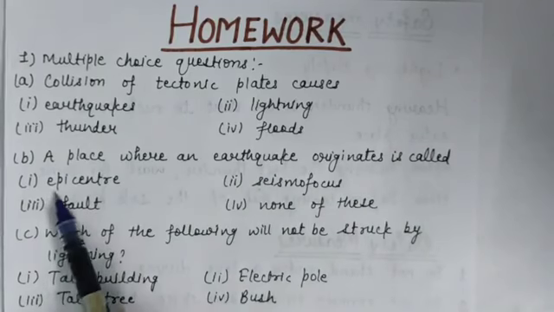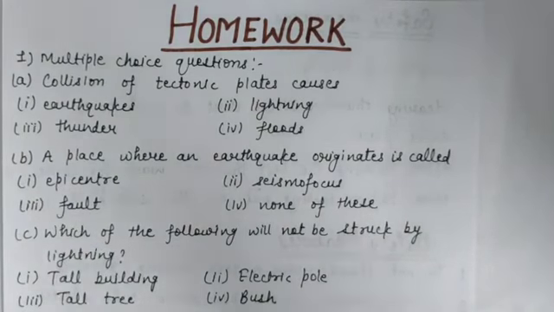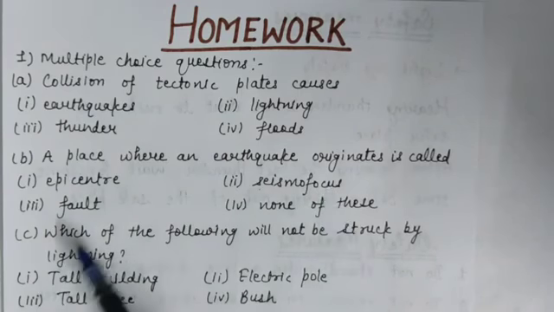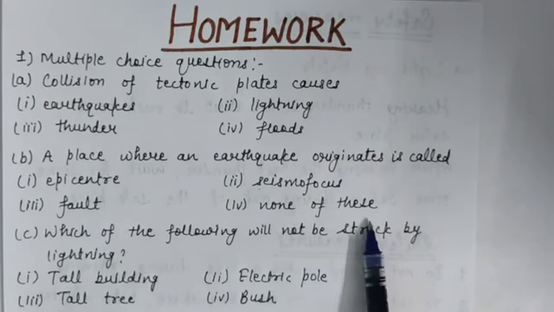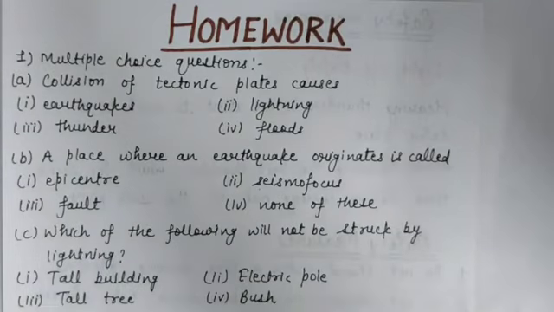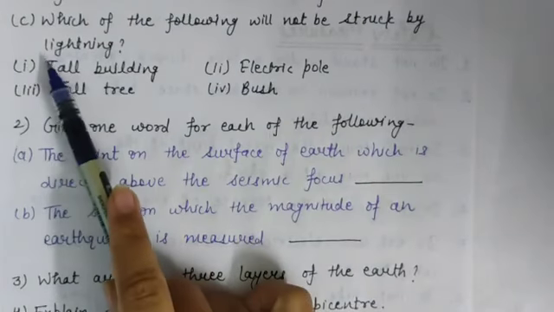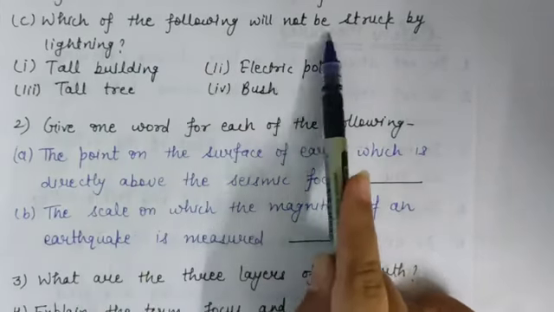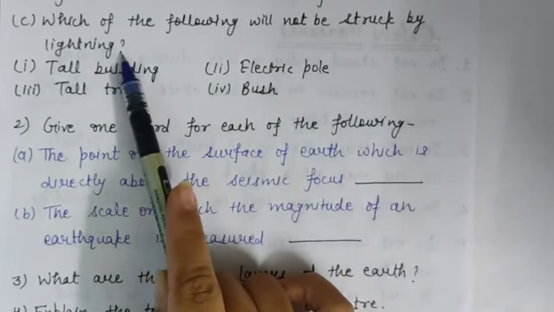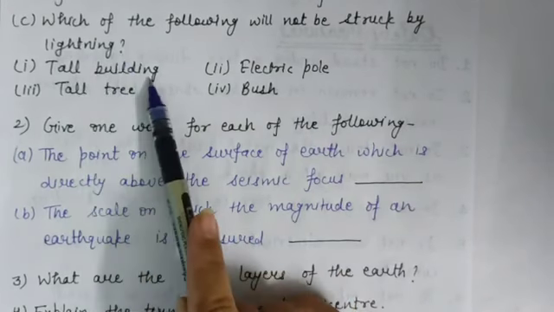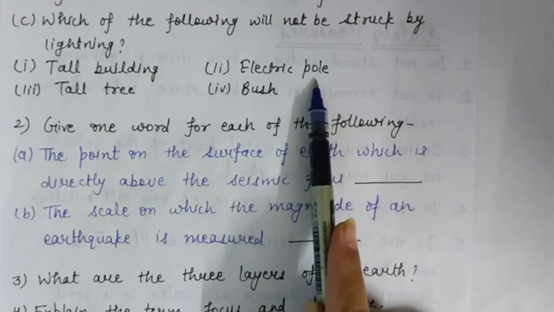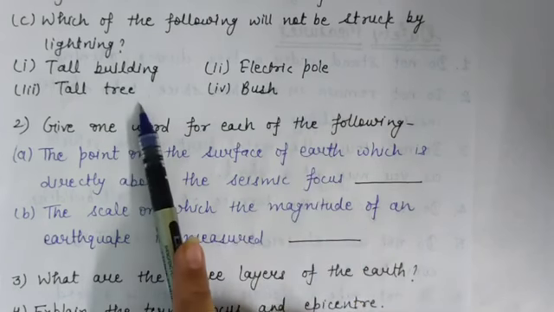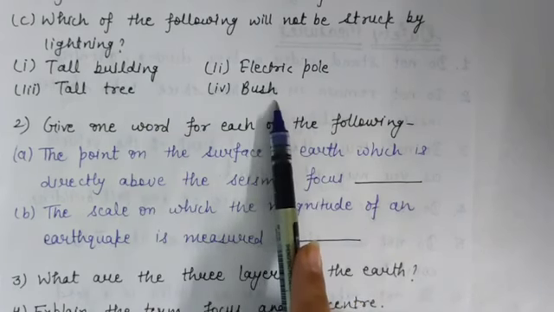Options are epicenter, seismofocus, fault or none of these. C part, which of the following will not be struck by lightning? Options are tall building, electric pole, tall tree, and the last option is bush.